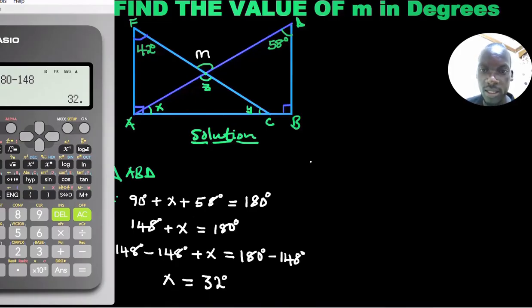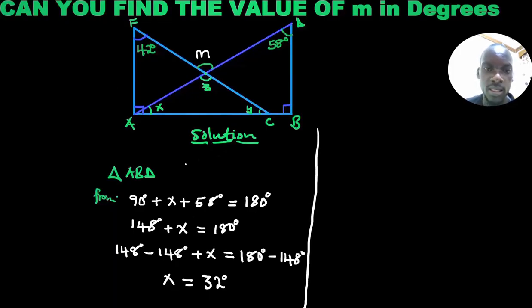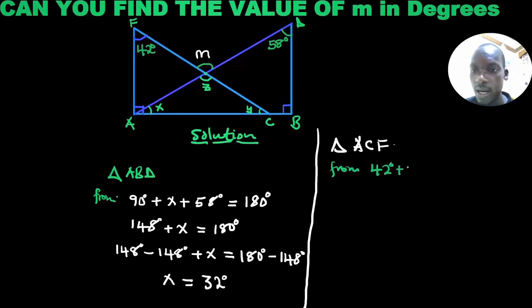Having got that, we can go ahead considering triangle ACF. It is this one, and we can consider this angle is 90 and this is 42. Then we can get the value of Y by relating that the angle 42 degrees plus the angle 90 plus the angle Y we are looking for should equal 180 degrees.